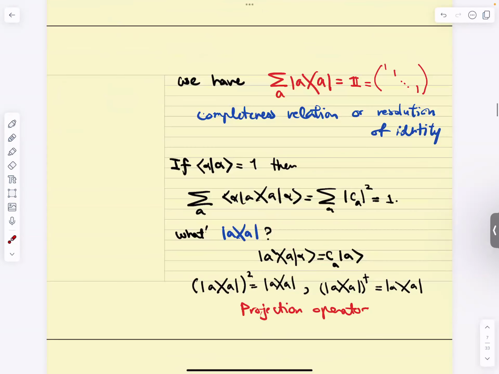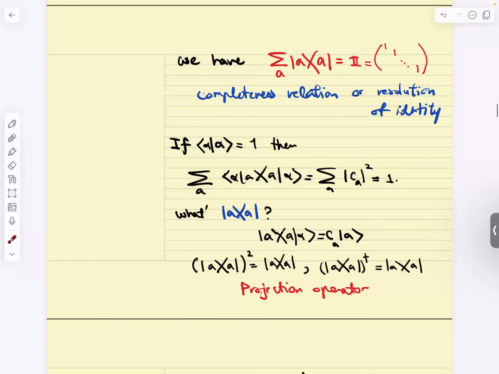All right. So now let's describe this a little bit more. Before doing that, I want to point out a structure. Recall that we said the eigenkets of a self-adjoint, Hermitian operator, an observable, provide an orthonormal basis.